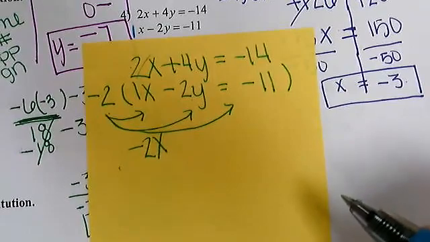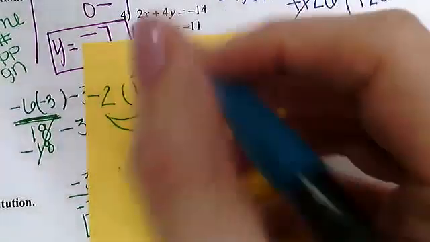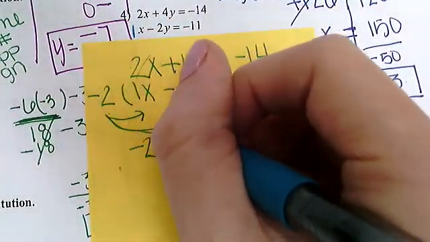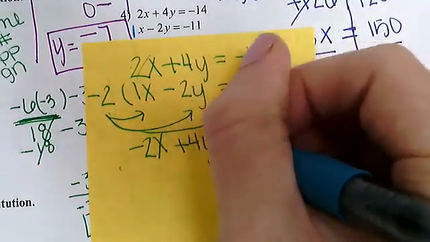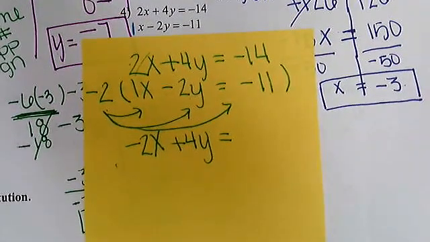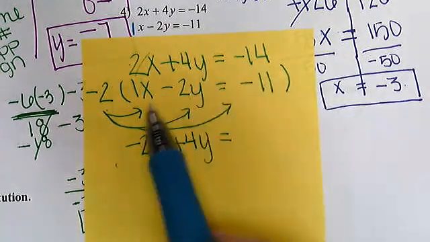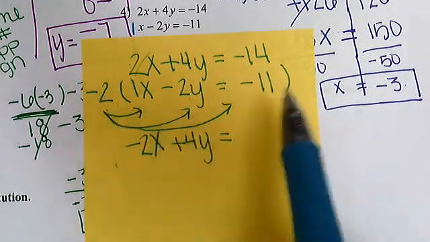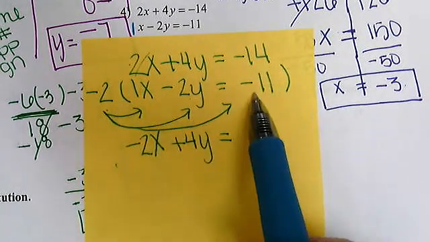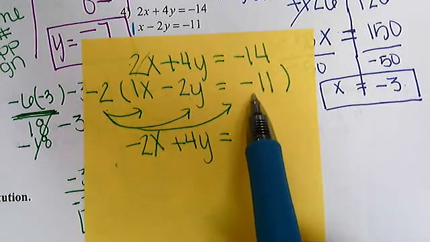Anyone know what -2 times -2 is? 4. Yep. So we gotta distribute. This is a common mistake that a lot of people make, but you have to do -2 times all 3, even the last one.